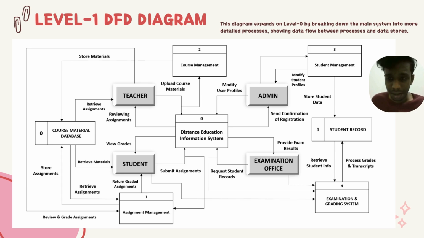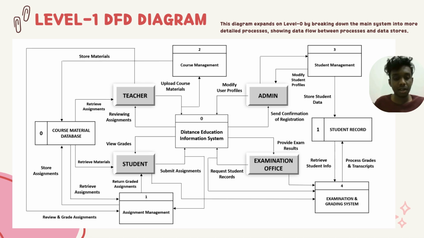I would like to explain it. For the first one, I would like to start from student to submit assignment. From submit assignment, it goes directly to assignment management. From assignment management, it goes directly to the course material database to store the assignment.